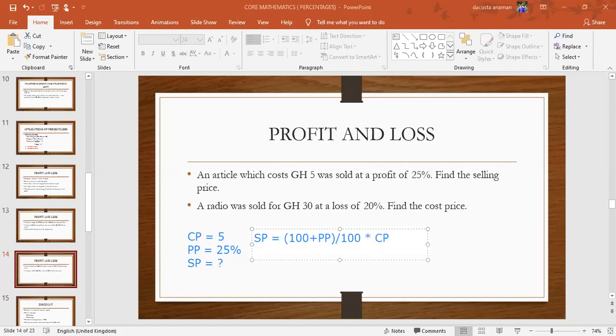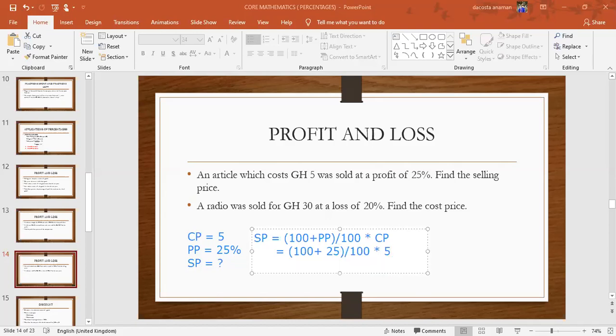Okay, so the selling price will be 100 plus the profit percentage, which is 25, all over 100, then times the cost price, which is 5.